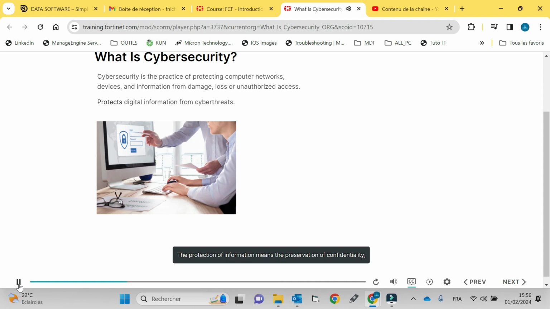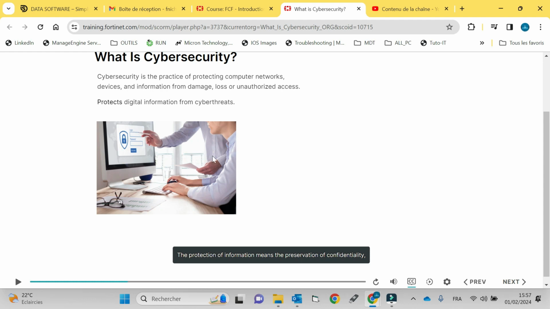When we talk about cybersecurity, we talk about the behaviors, how to behave with computer networks, how to protect them, our devices like smartphones, iPads, etc., and protect information from damage, hardware and software and data.